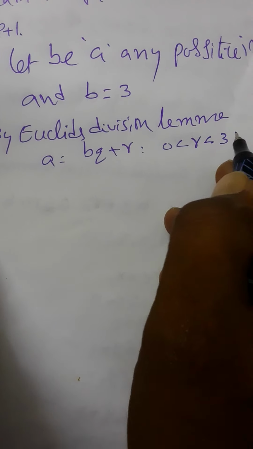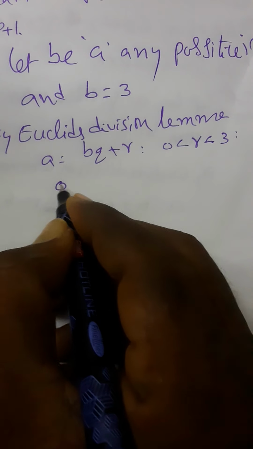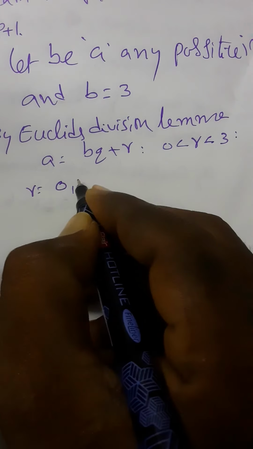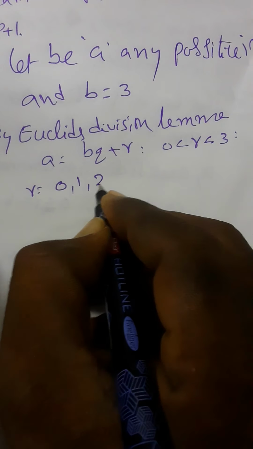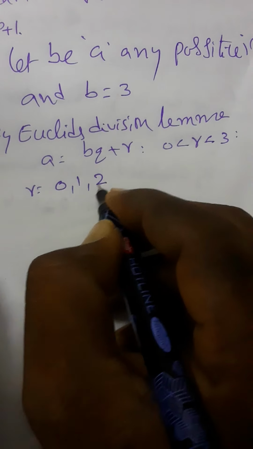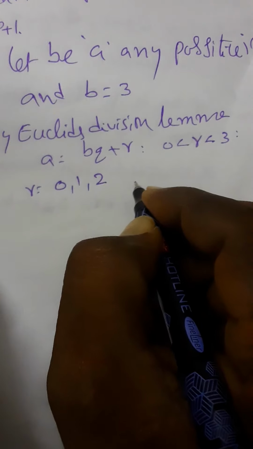In that equation, the possible remainders are 0, 1, 2. These are the possible remainders in that case.